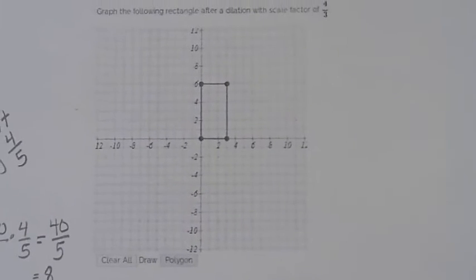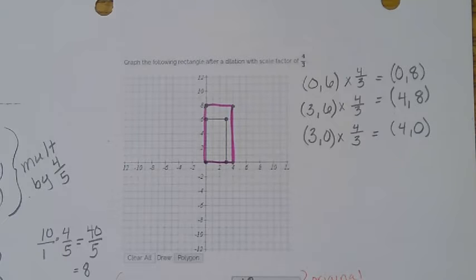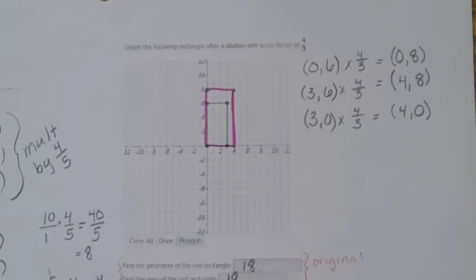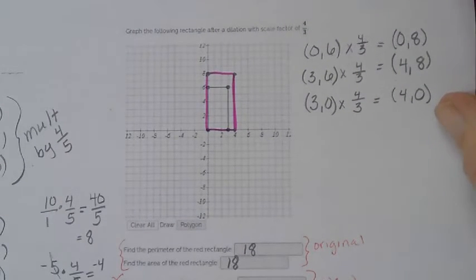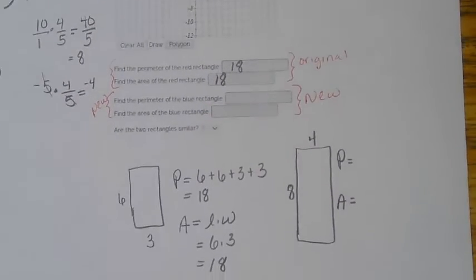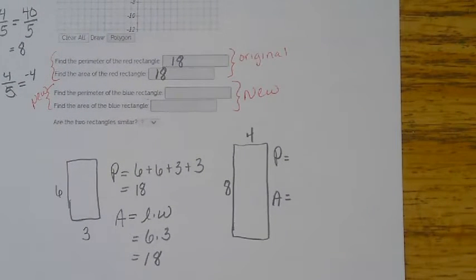You go ahead and find those numbers and grow this rectangle. So here is what your points should be in the new rectangle. The next thing it asks us to do is find the perimeter and the area, which there is the work for the first one. We're getting ready to do the second one.